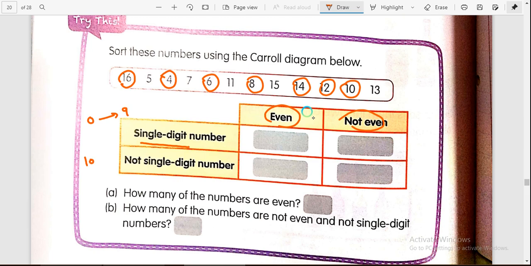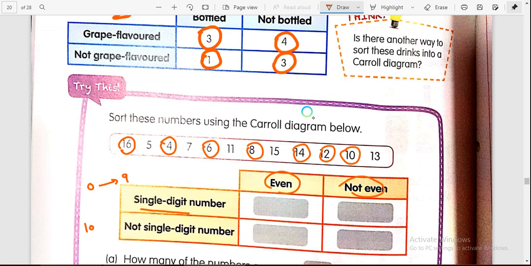I'm going to revise it with you: 0, 2, 4, 6, 8, 10, 12. Do you see that? I'm counting on in twos, and I started with 0. So 0 is the smallest even number, and all of these numbers are even.